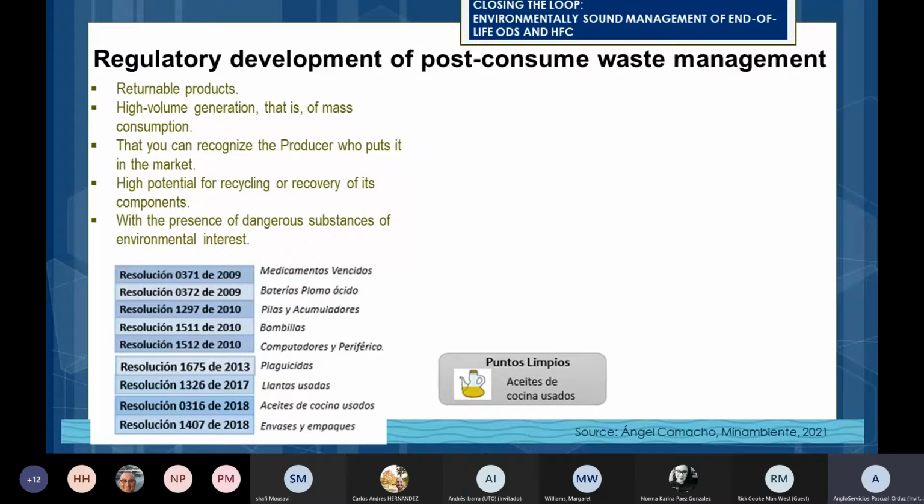These programs apply to returnable products, especially mass consumption products. And of course, we can clearly recognize who the producer was, who put it out in the market in the first place. Also, we look at different materials that have a high potential for recycling or high valuable components, and also they have hazardous waste that are interesting to the environment.